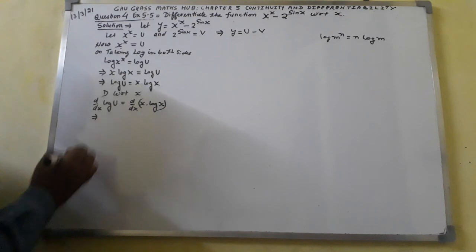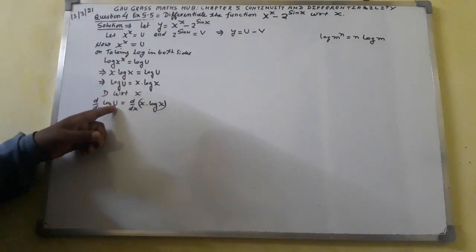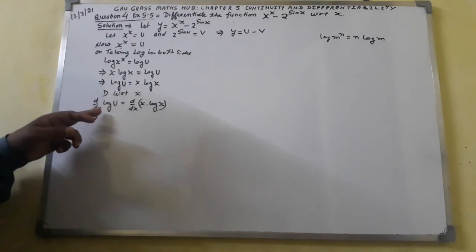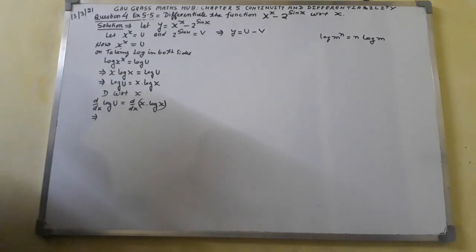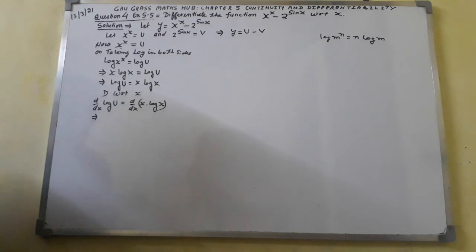Again I shall write here, in the left side function u is there, in denominator function x is available. U and x are different thing. That's why du over dx will be multiplied.